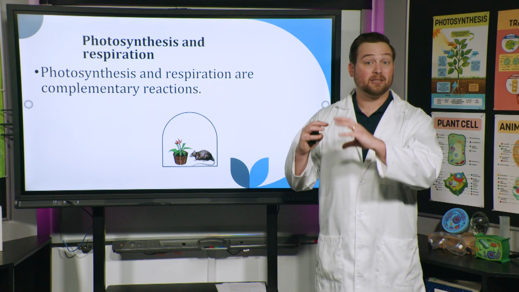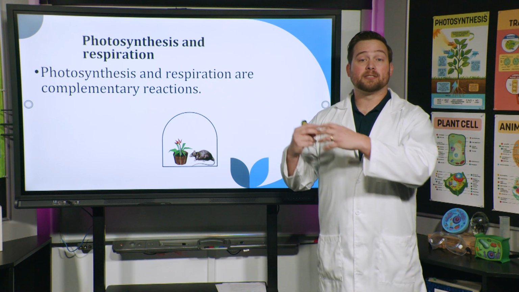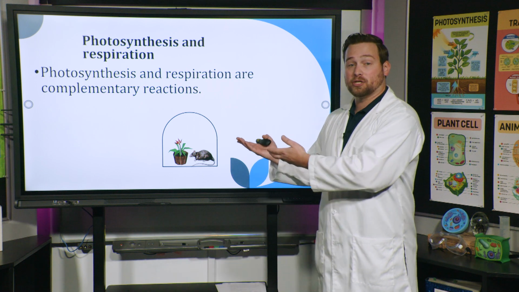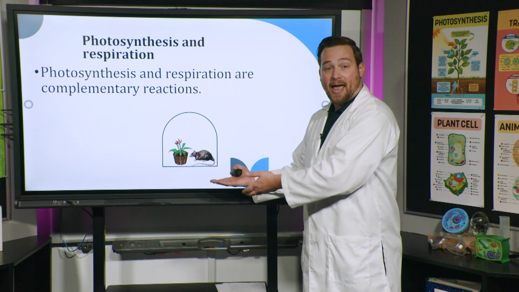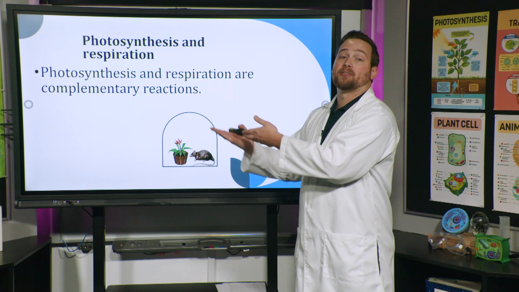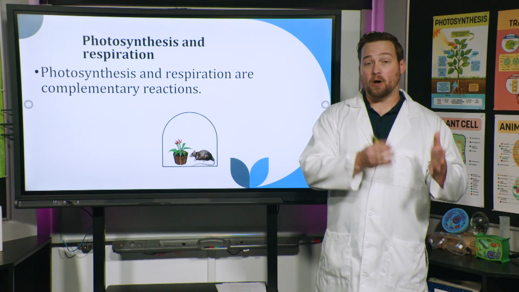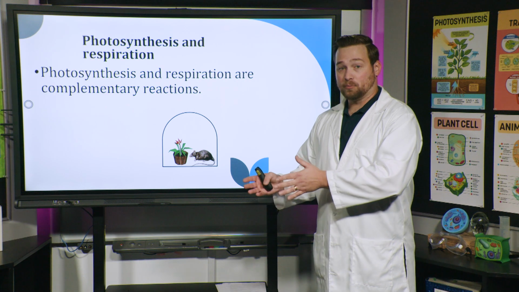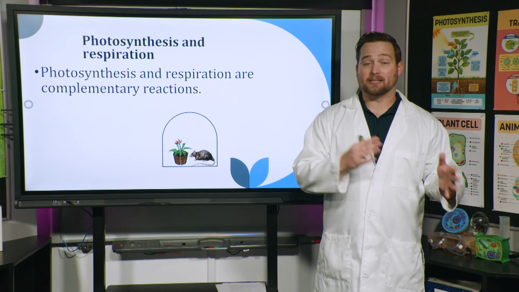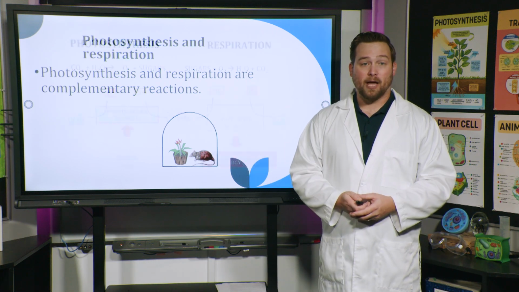Those organisms could live like that for a little bit because the plant is going to produce the oxygen that the animal needs, and the animal is going to produce the carbon dioxide that the plant needs. So these are mutually beneficial. Photosynthesis helps animals and cellular respiration helps plants. It's a give and take.